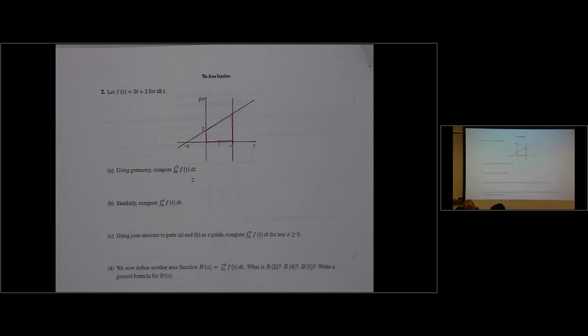So A of x, you just have to plug the x into this function, so it'd be x plus 1. Because you have to times the area, which will be the area up to 2, or the area up to 2.5, times 2. So that's what that is.